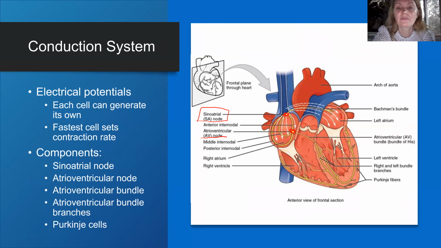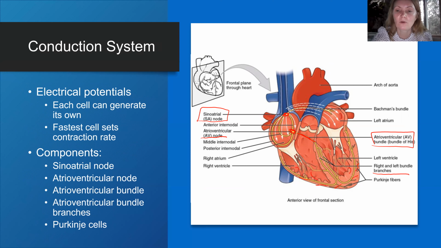Then we have this bundle, and this bundle is called the AV bundle, atrioventricular bundle, or bundle of His, the old name. Then we have bundle branches. So if this is the bundle, those are the bundle branches, right and left bundle branches. And then the bundle branches are going to divide, they're going to branch into Purkinje fibers.